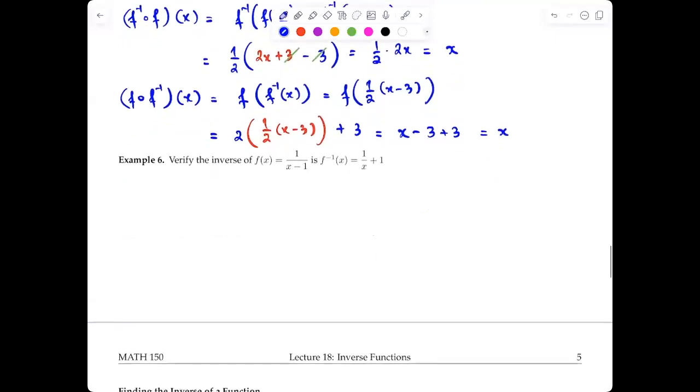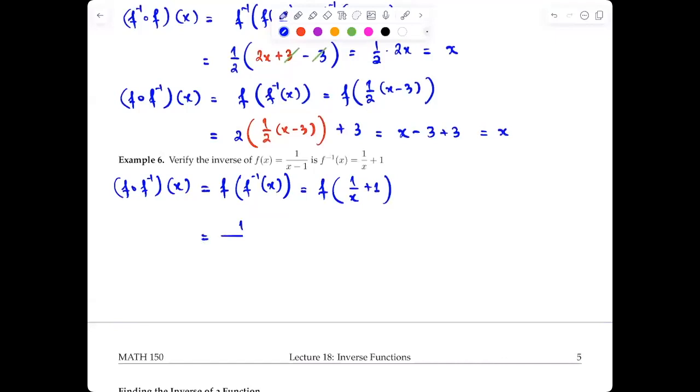All right, example 6. Again, similar concept. We're going to check two cancellation properties. So f composed with f inverse, you have f of f inverse of x. f inverse is 1 over x plus 1, and f of x is 1 altogether over x minus 1.